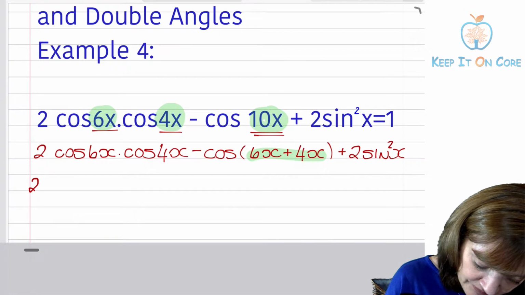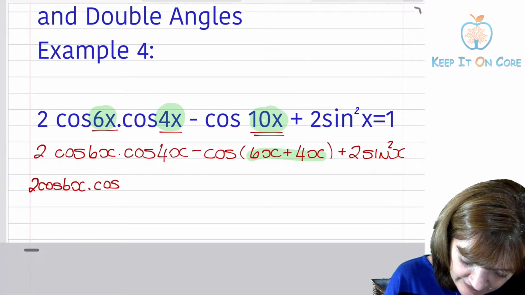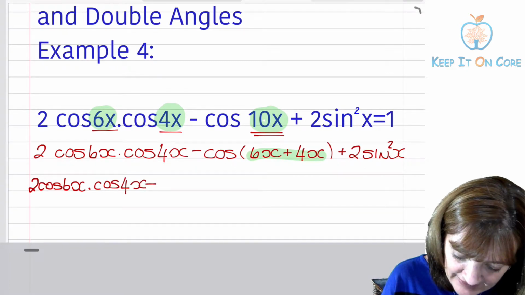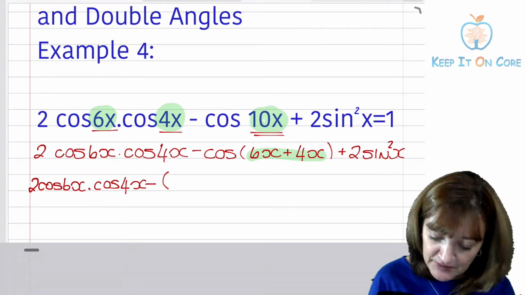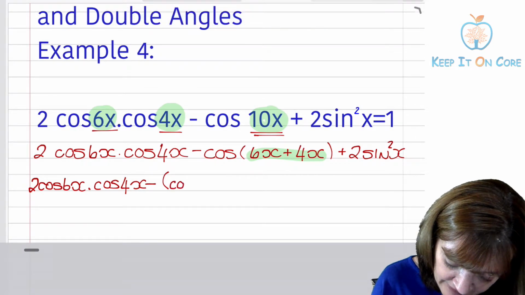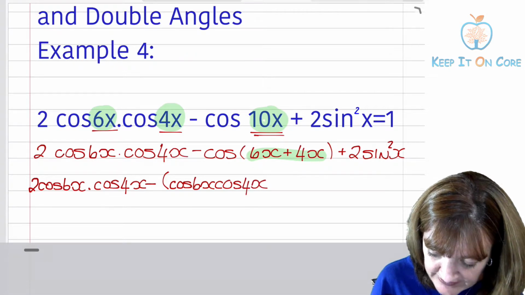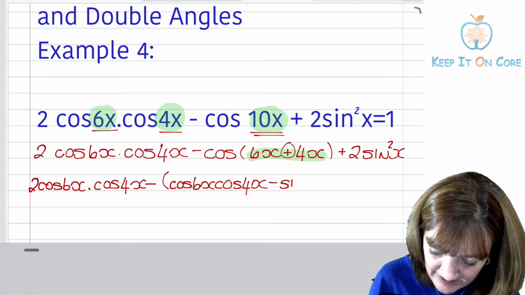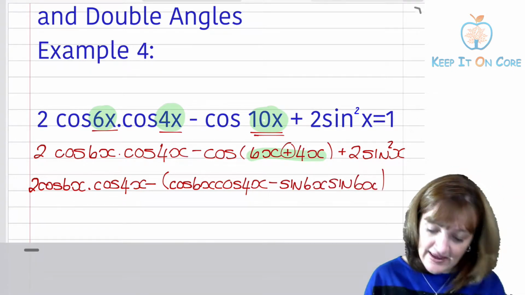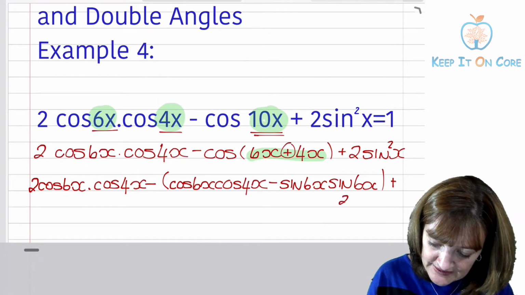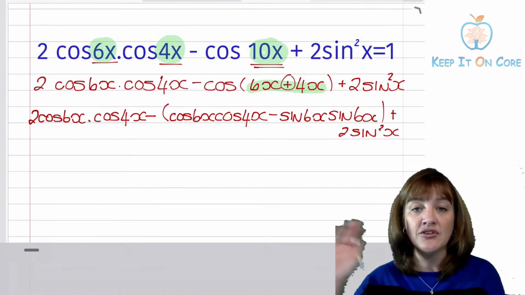We've got 2 cos 6x cos 4x, minus, and I'm putting this in a bracket because the negative belongs to the whole expression, your whole compound angle. Remember, C for cos, C for change that sign, and then it's sine sine. And we're still sitting with that 2 sine squared x, which, for now, I'm just hanging on to. I'll deal with it when I'm ready.